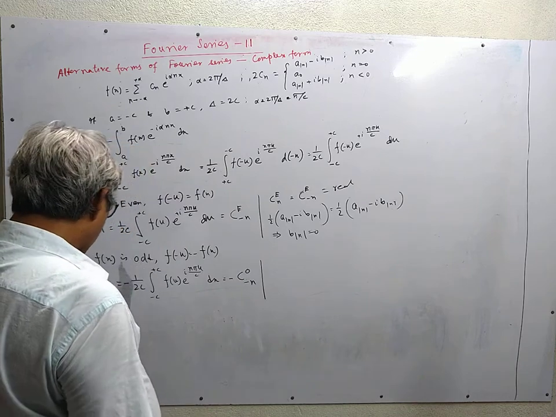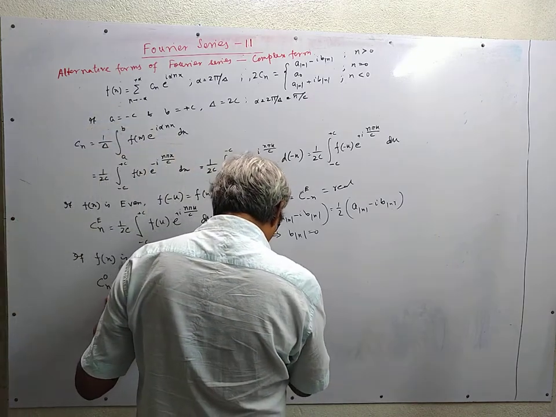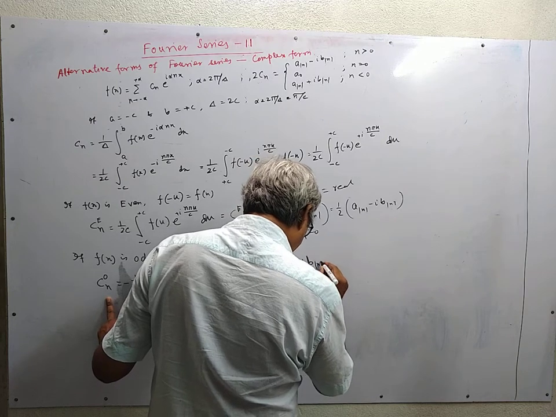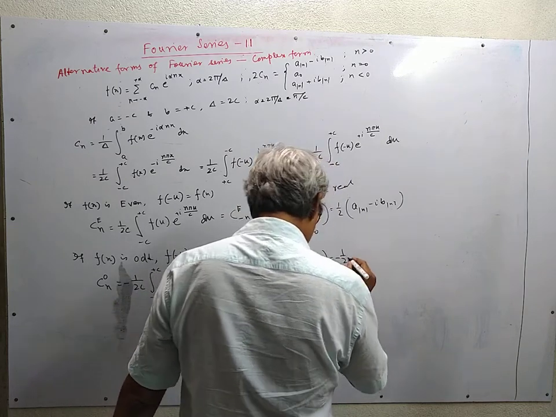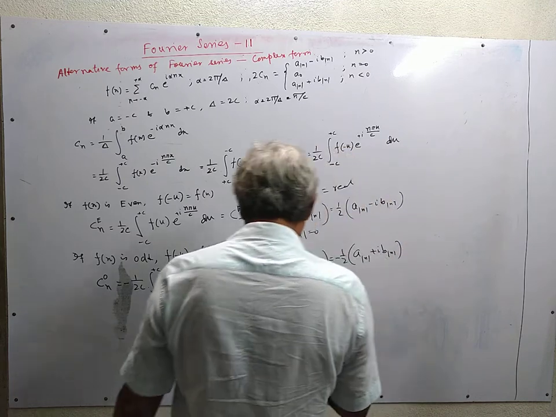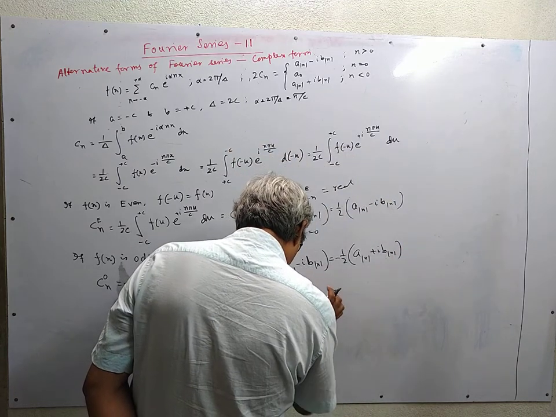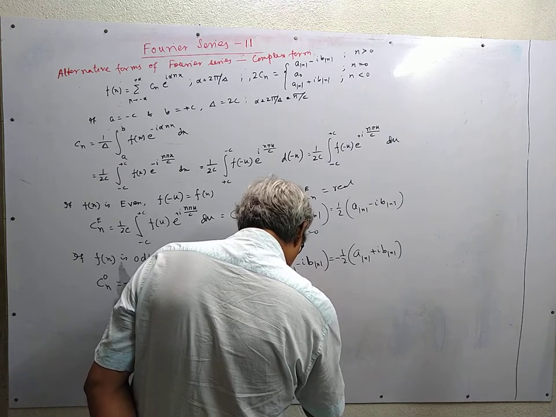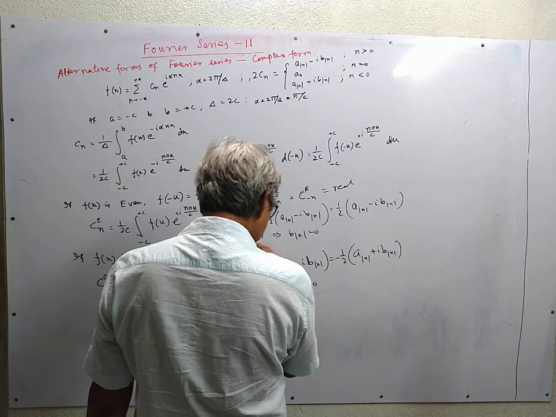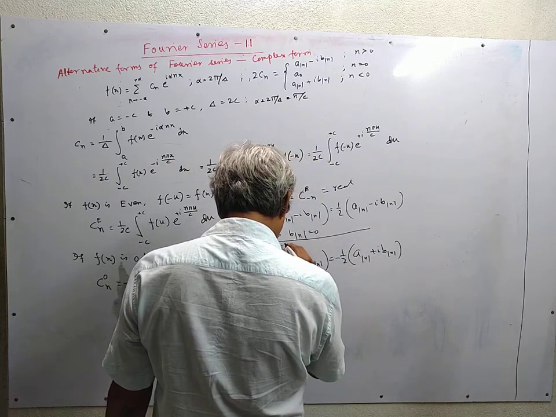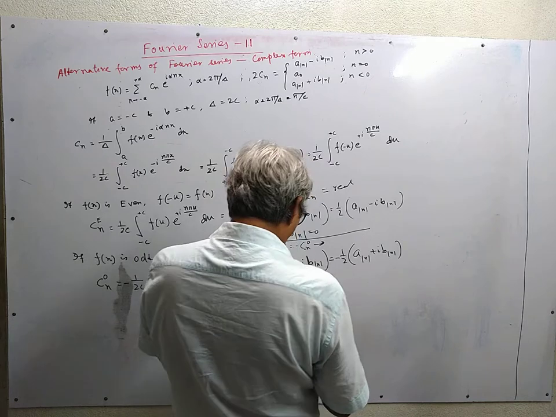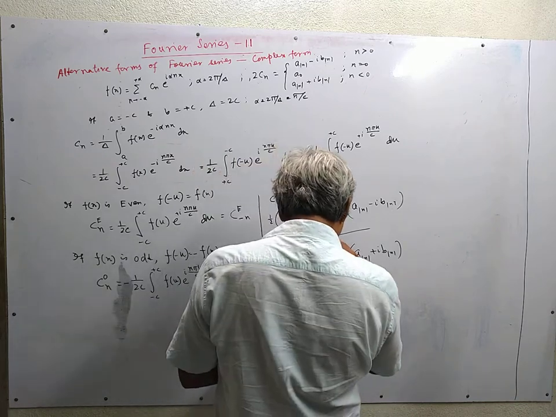Now we apply the condition that half a of n minus i b of n is equal to minus half a of n plus i b of n. This gives you a of n is equal to 0. This means that all the an is 0, this is purely imaginary.